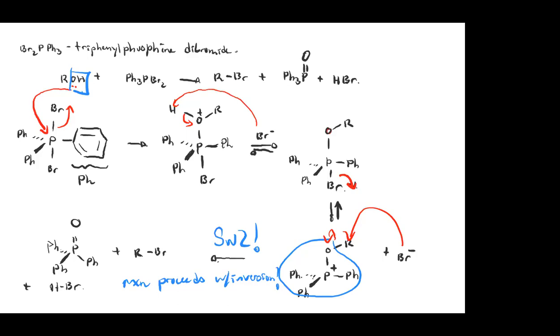The question is though, is there a way that I could activate the alcohol, get some sort of stable activated intermediate, and then do a displacement with sort of a nucleophile of my choice? And that's where the sulfonate esters become important.